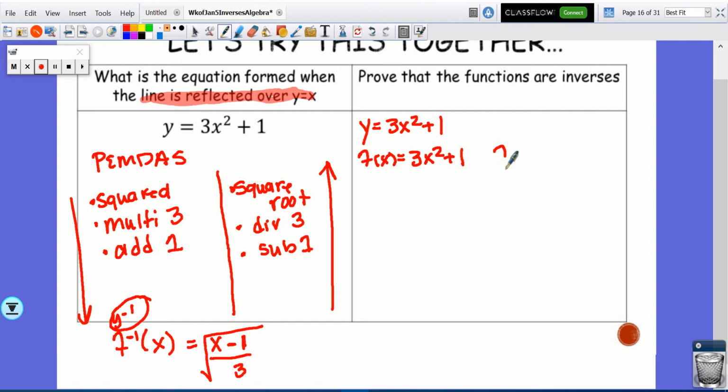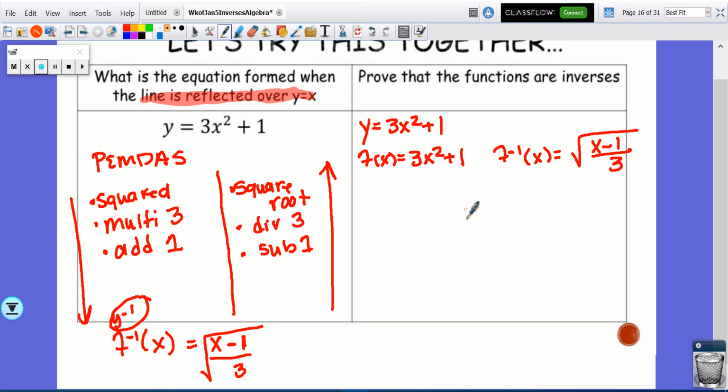And the inverse of it is equal to the square root of x minus 1 over 3. There are some deeper things that you need to know about this, but we'll just deal with this knowledge here. We're just focusing on how to algebraically find inverses.